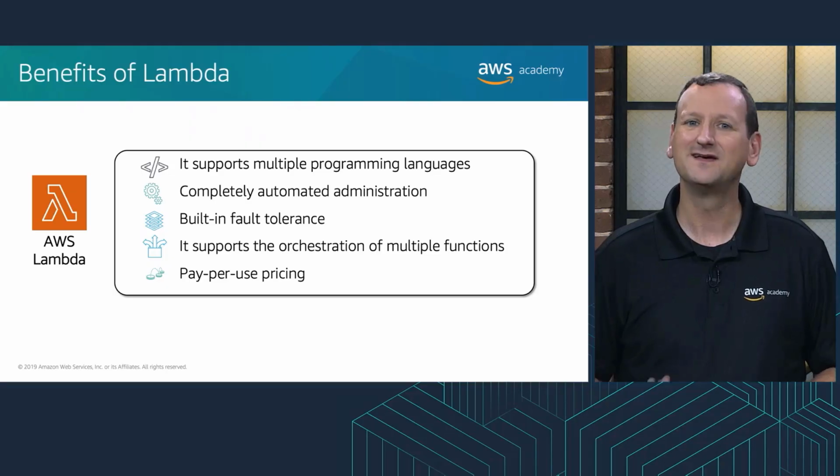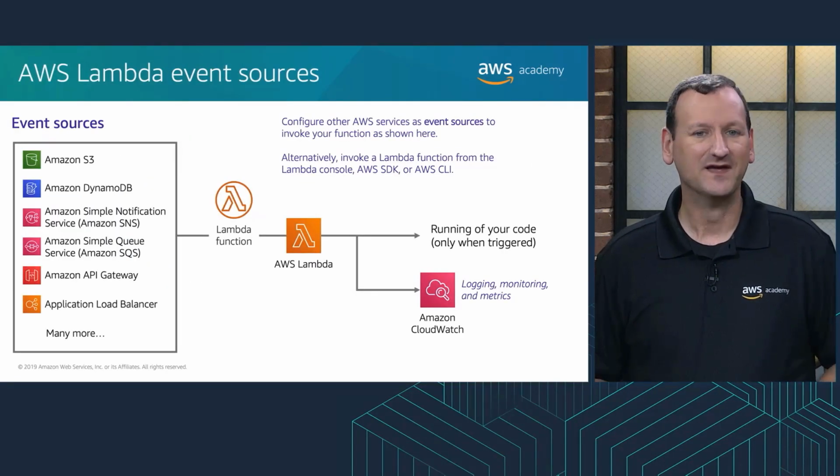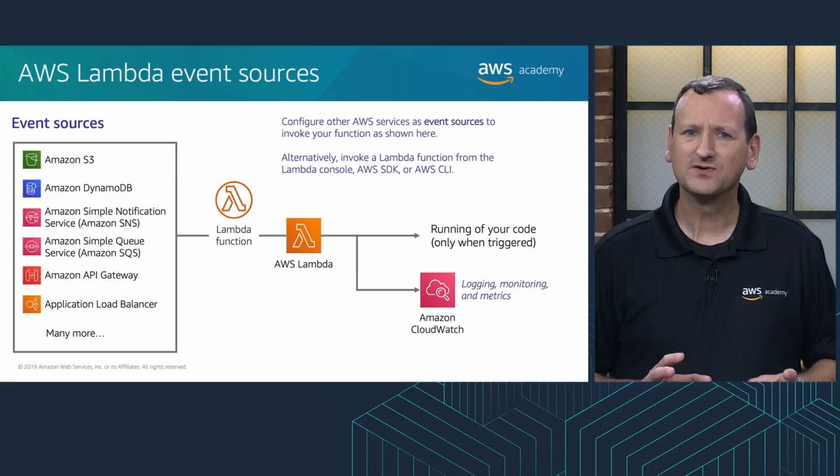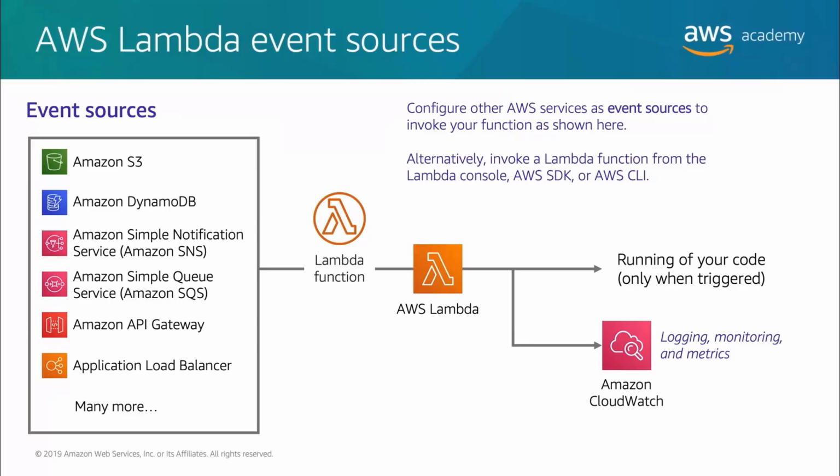Lambda functions are triggered by event sources. An event source can be an AWS service or developer-created application that produces events that trigger the AWS Lambda function to run. Some services, such as Amazon S3 and Amazon CloudWatch Events, publish events to Lambda by invoking the Lambda function directly. Other services are pulled by Lambda.